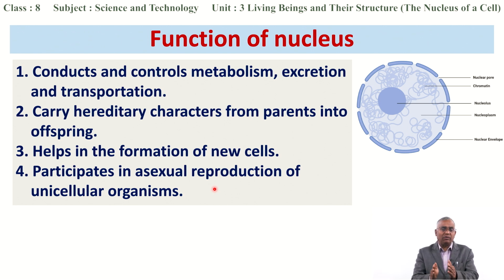Fertilization is the fusion of nuclei of male and female gametes. So the nucleus participates directly in asexual reproduction, but it doesn't mean that it does not take any part in sexual reproduction. There is its part also, because the gametes also have a nucleus. Gametes also have parts of the nucleus inside them.